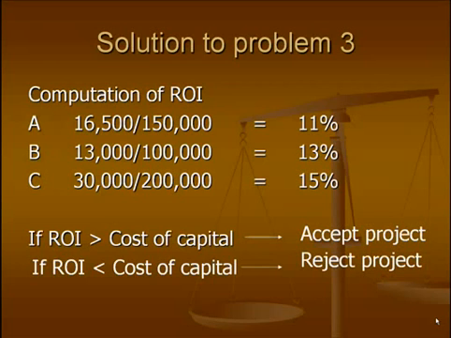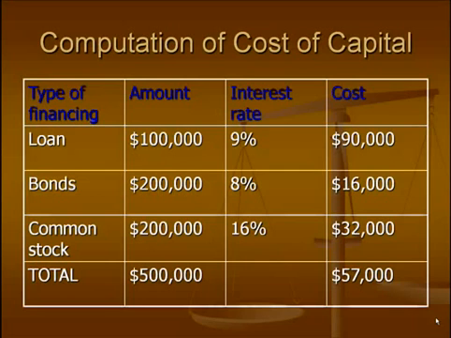Okay, that brings us to the question, how do we calculate cost of capital? Have a look at the table in front of you. The loan, you get 100,000, the interest rate is 9%.